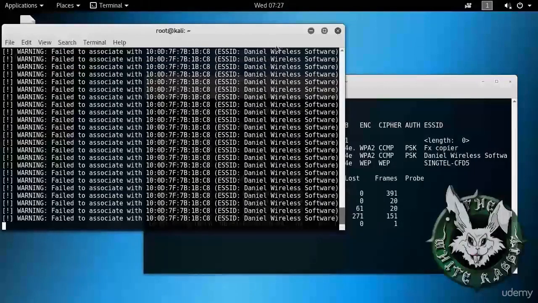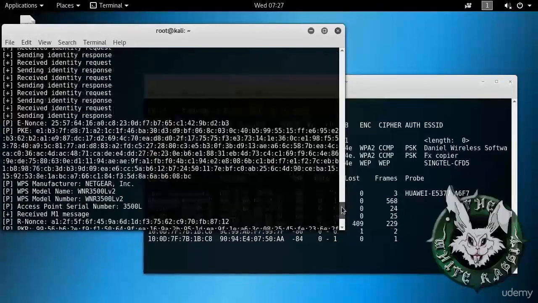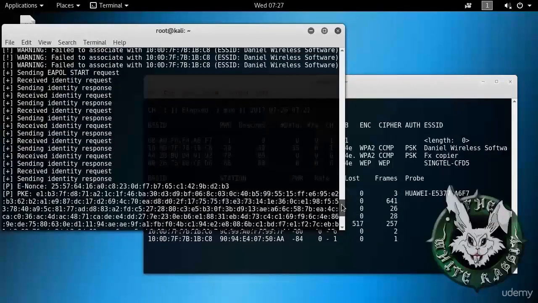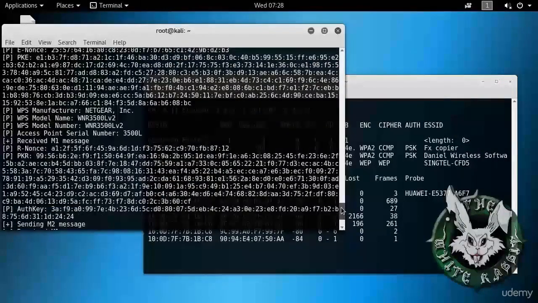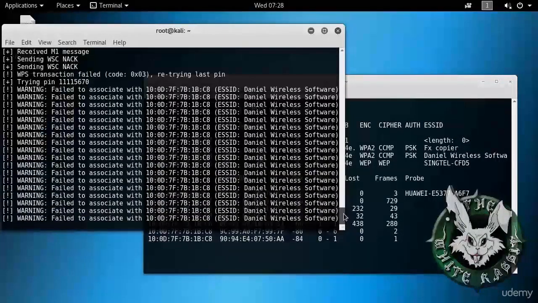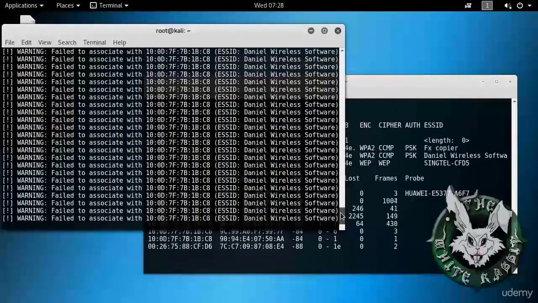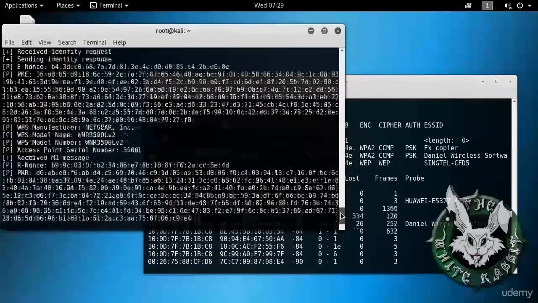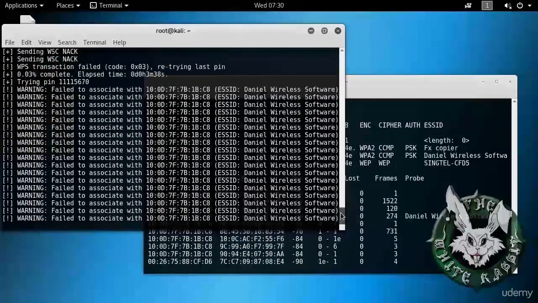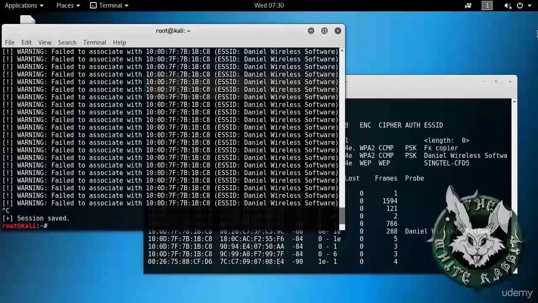It's something like 5 times faster than usual now. And when it does succeed in associating, then it goes through this protocol here, trying the candidate pin, but it wasn't the right pin. We're speeding up the next almost 2 minutes of reaver action and making it fit into about 10 seconds. Sometimes we see WPS transaction fail, and we can do a --no-nacks. That's a suggested way of dealing with it.